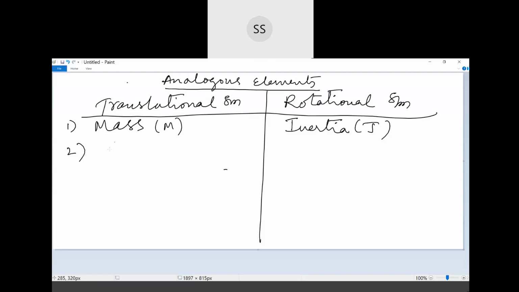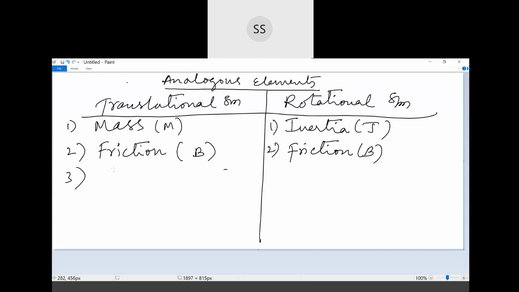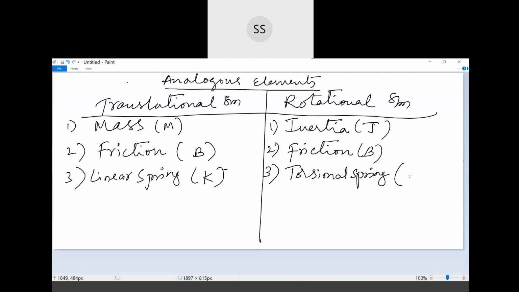Similarly, in translational systems we have the friction B. Here also we have the same friction represented by B only. Third, we have the linear spring K, whereas in rotational elements we have the torsional spring K only.